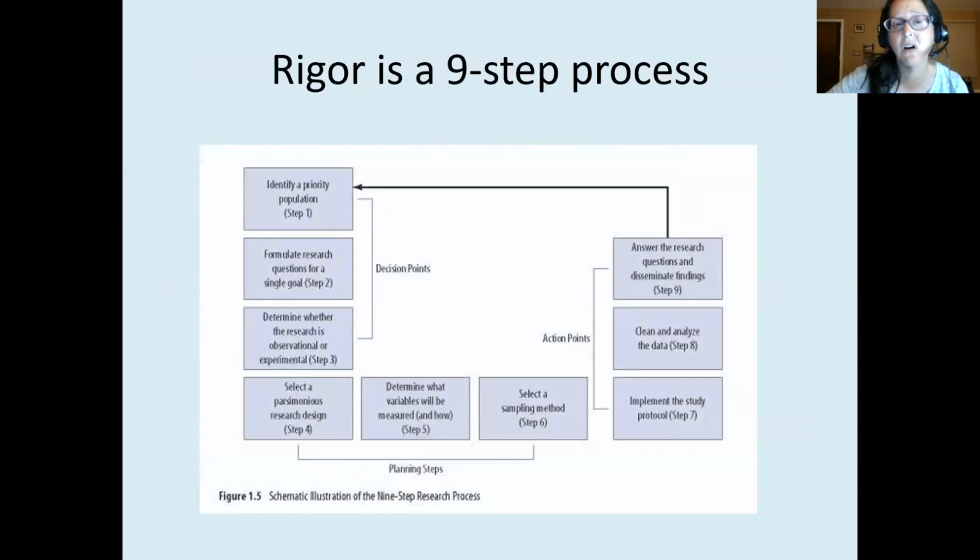Now, the way the authors of this textbook look at the 9-step process of health promotion research is they have a section over in this area that they call the decision points, and there are 3 decision points you're going to be making. You are going to have to identify who your population is that you're studying, and that includes what setting you're looking at.